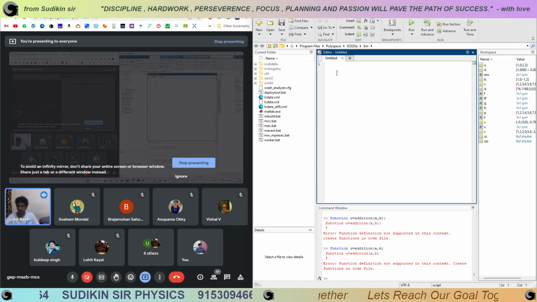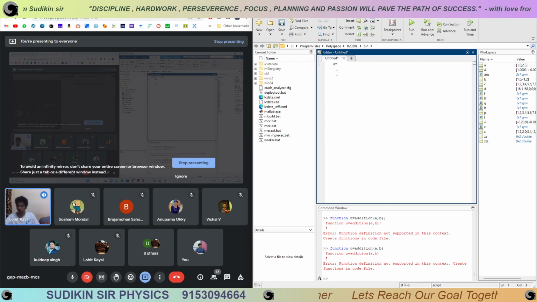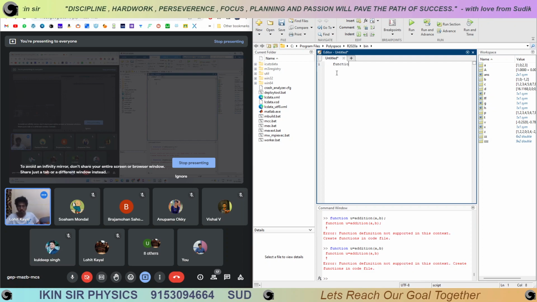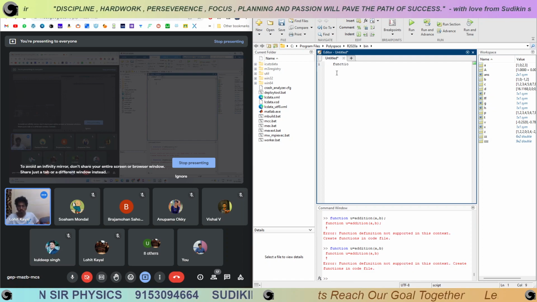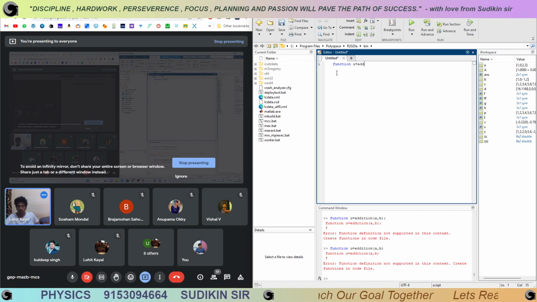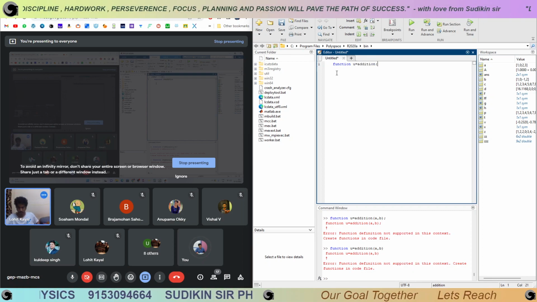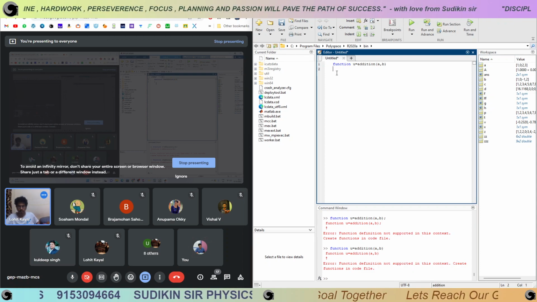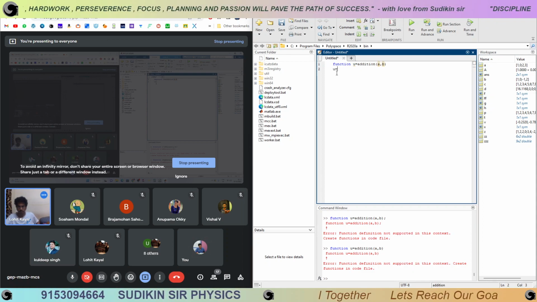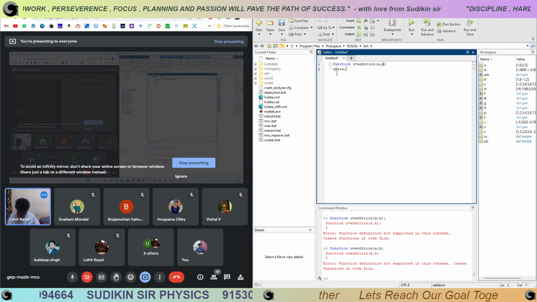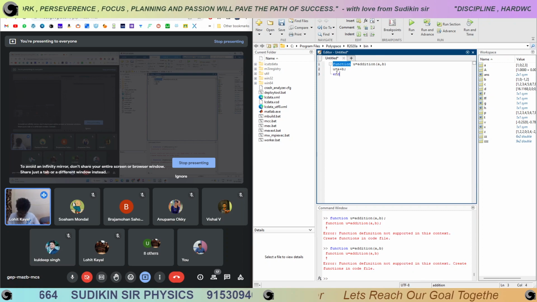Now write here u equal to addition ab. Now write end.